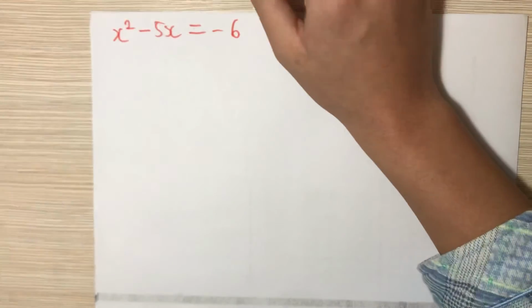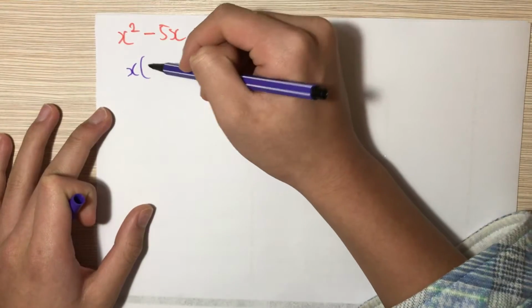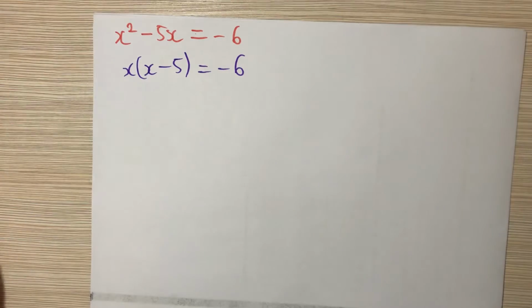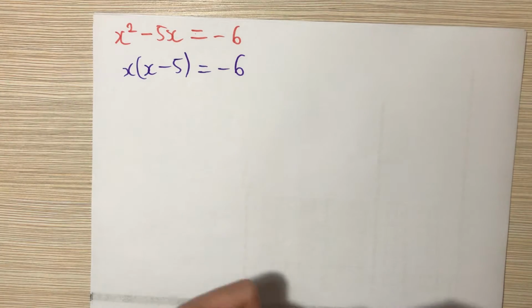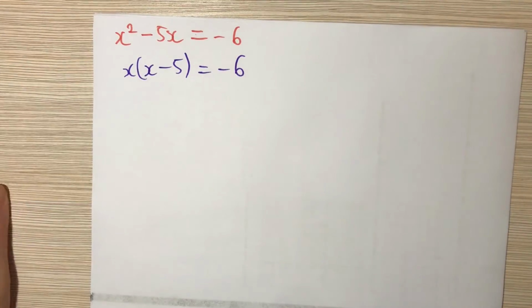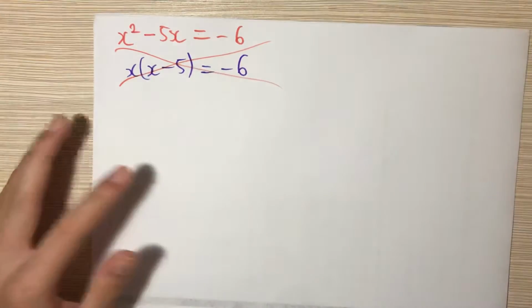He told me what he tried to do. He tried to factor out the x, so x times (x minus 5) is equal to -6, but then he has no idea what he should do. Now let me tell you, this is redundant.